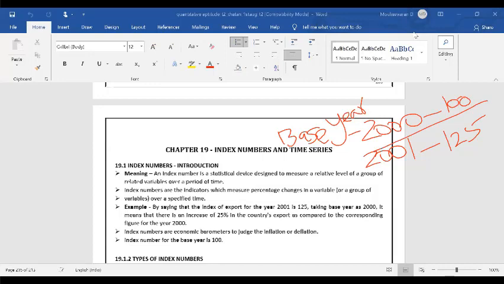From 100, how much did it increase in 2001? It increased by 25. That means 25%. That is what they are telling here: there is an increase of 25% in the country's export as compared to the year 2000. Compared to 2000, in 2001, it increased by 25%. That's what we are telling, right?